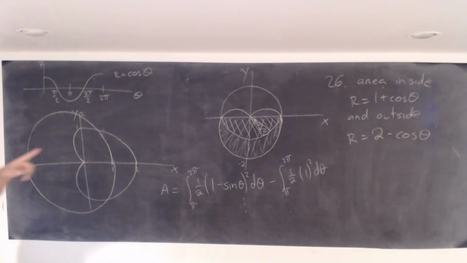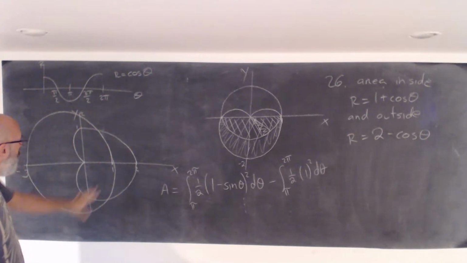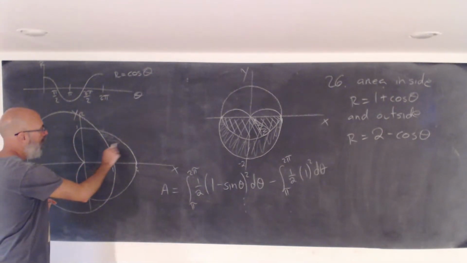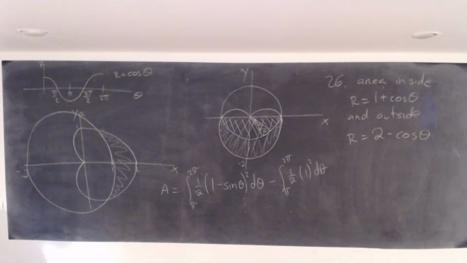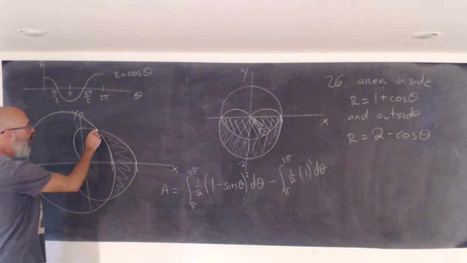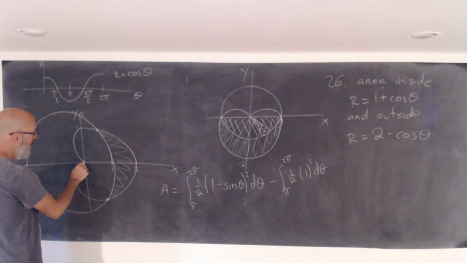So we're looking for the area inside the cardioid, but outside of this thing. So I think it's clear that this is what we're looking at. And it becomes important to work out where these intersect.